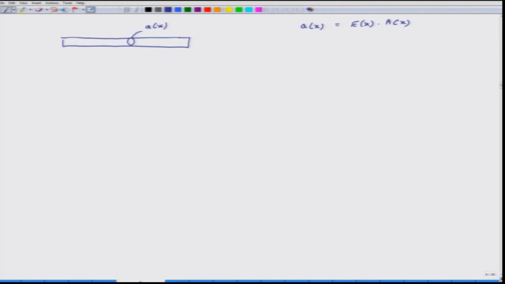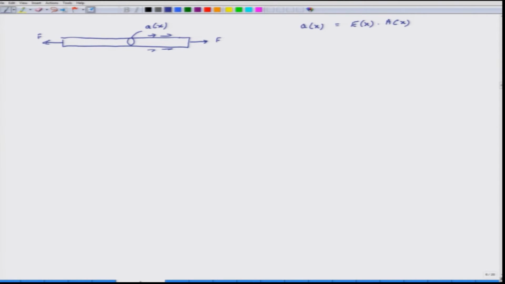In this problem, I could apply some external force F, and I could also apply some traction force like this.